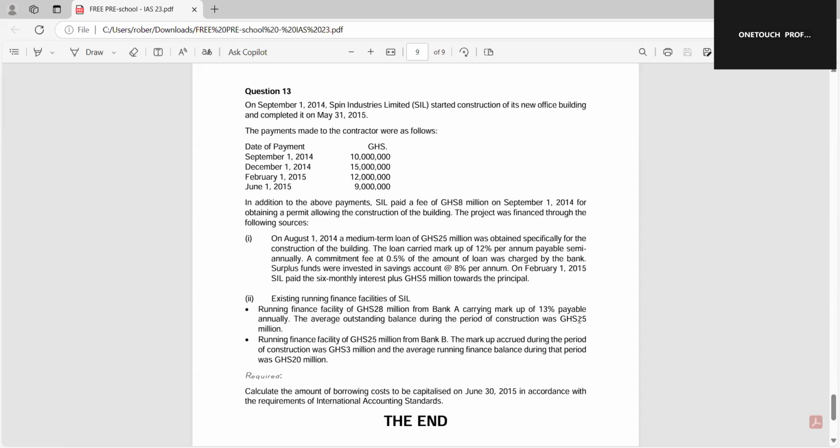Yes, that was the only one I considered, because I thought the second one was the same medium term loan. No. The second one is a 20 million loan, because the balance is 20 million at the end of the year, and they are giving you the interest of 3 million. So it's not difficult.